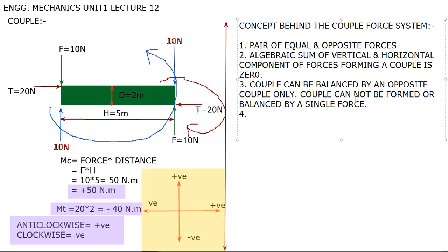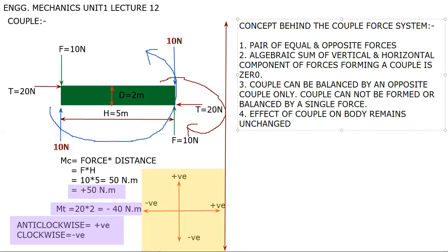Now, after that, the fourth characteristic is that the effect of a couple on a body remains unchanged.